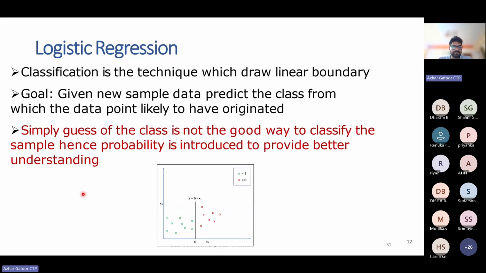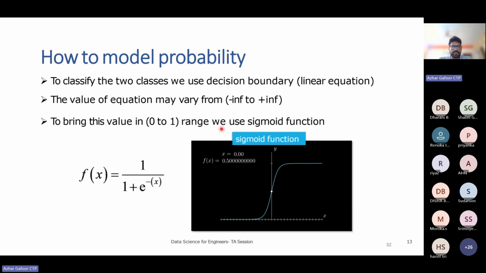Let's see how we can do that. To classify two classes, first we have to set a decision boundary, that is a linear equation. The value of this equation may vary from minus infinity to plus infinity. In regression, what we do is we set the value to some threshold.